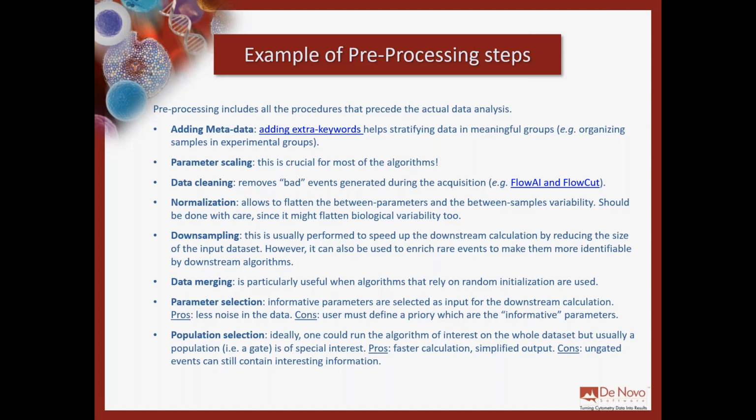You don't want to spend time analyzing those events, but you don't want to drop away the entire files. So there are algorithms, they can be part of your pipeline, for example, FlowAI and FlowCut, that can eliminate or at least reduce the number of bad events in your data.